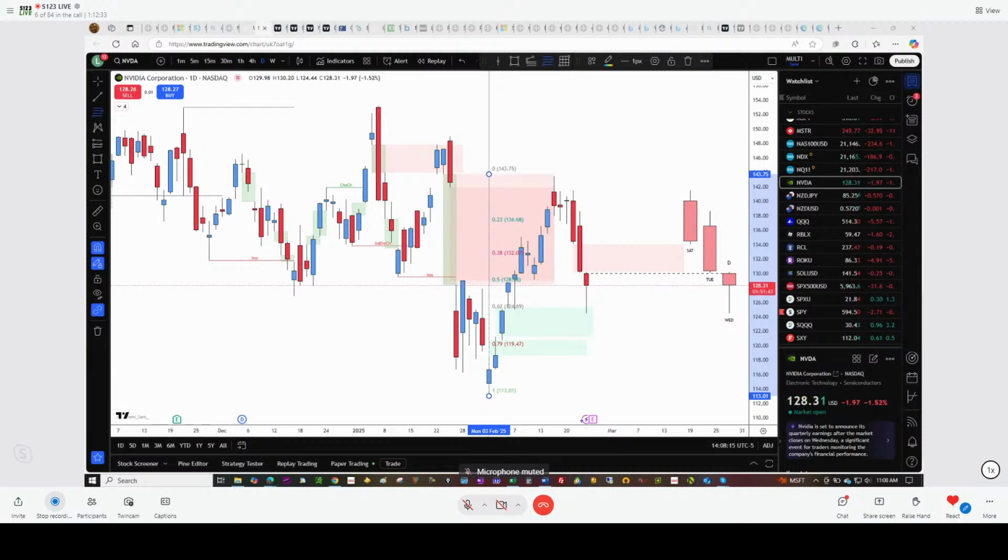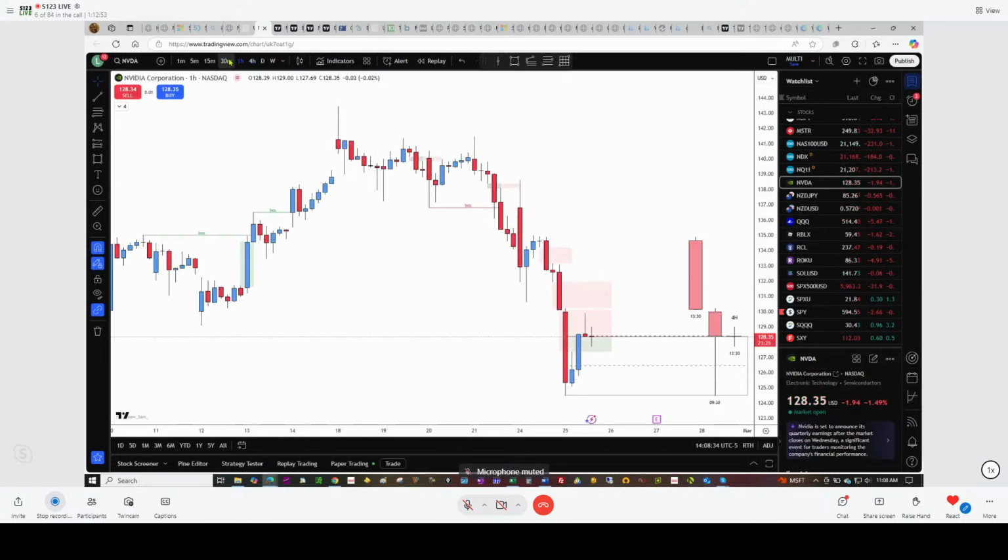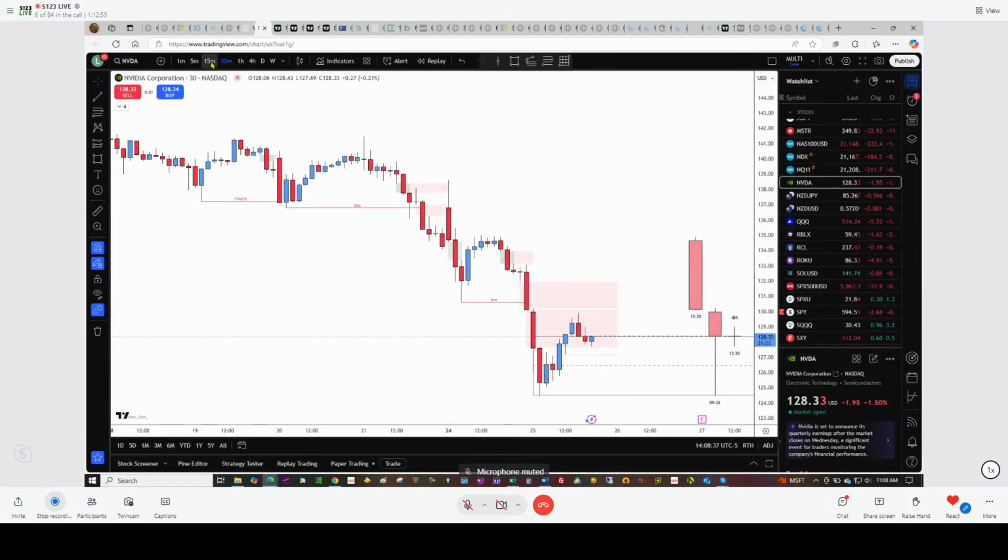In order to get into this play, you go down to the wick of the daily candle on the lower time frame, and you get into this trade. If you mark off the wick, you just want to be getting in. When you see that wick, you drop down to the lower time frame, and you can get in on the wick. So I'll keep going down: hourly, 30-minute, 15-minute.